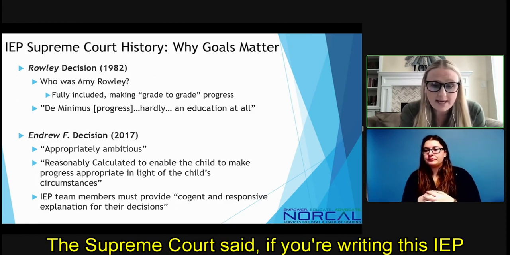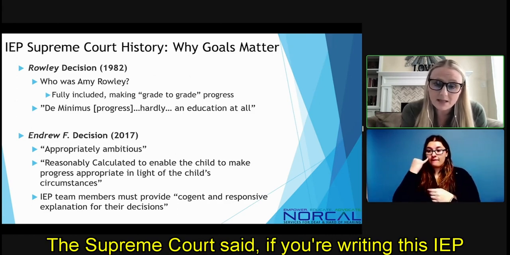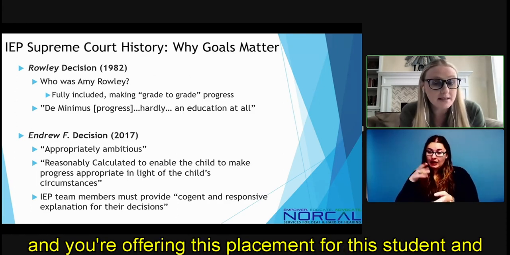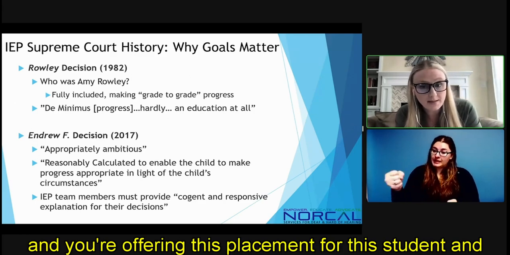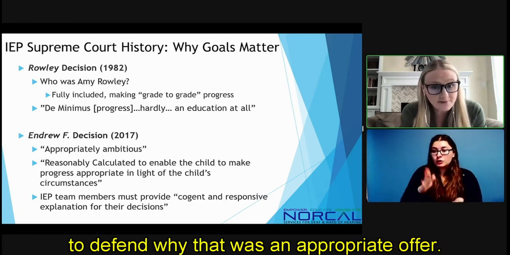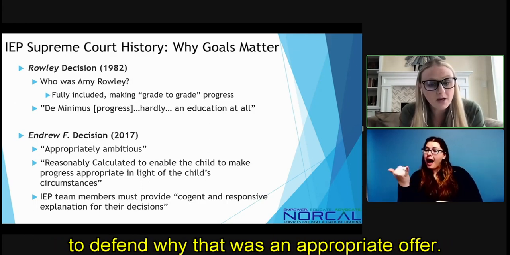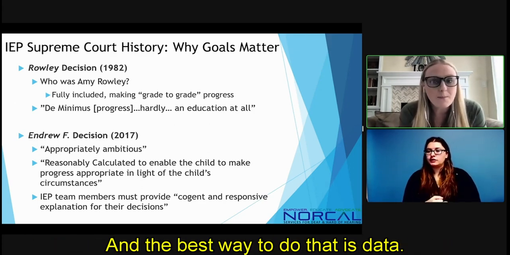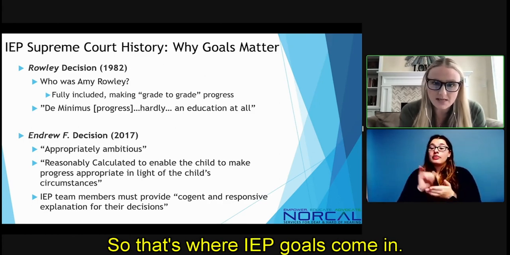The Supreme Court said, if you're writing this IEP and you're offering this placement for this student, and these supports and services for this student, you need to defend why that was an appropriate offer. And the best way to do that is data. So that's where IEP goals come in.